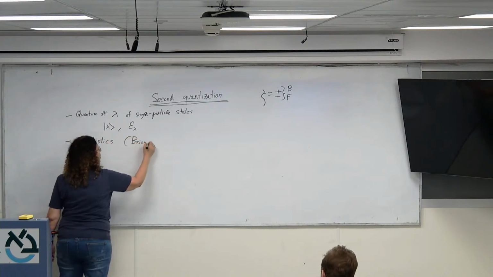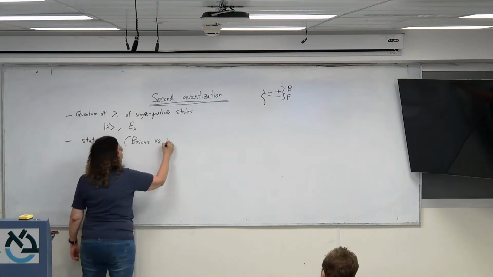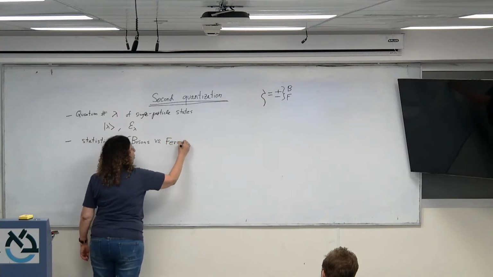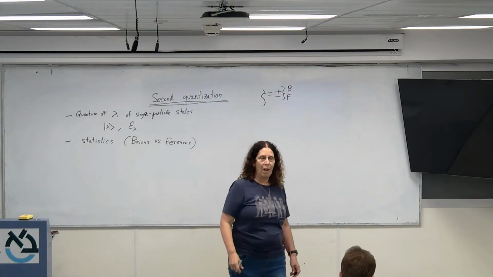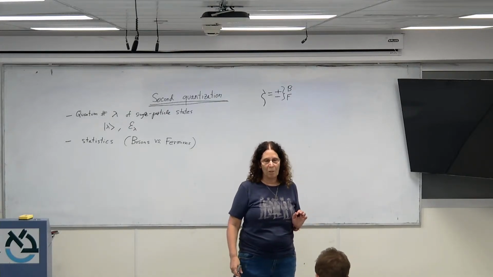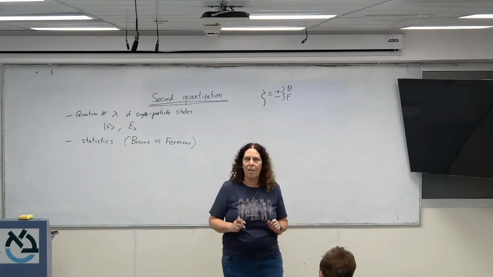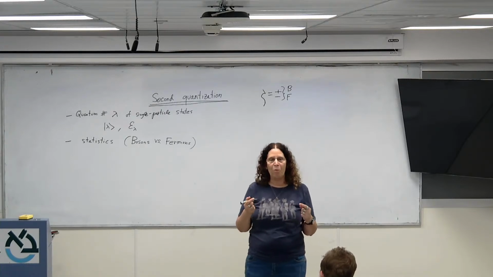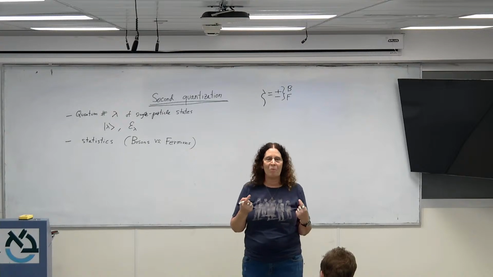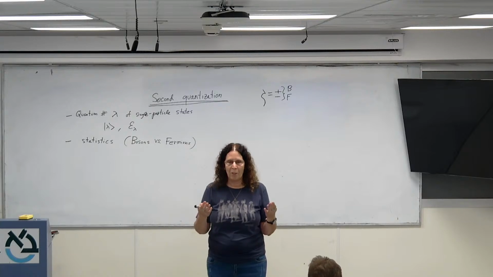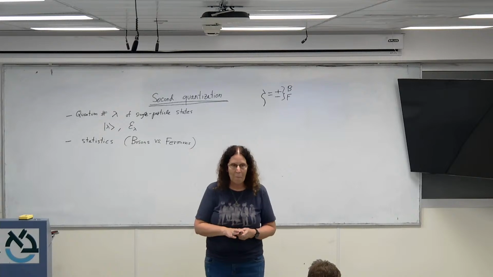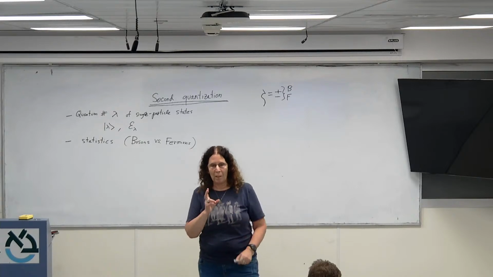Bosons versus fermions. We know that they obey different rules, and the different rules are related to the allowed occupations of a single quantum state. Actually, there are two pieces of information that are related to each other: the form of the wave function that is symmetric versus anti-symmetric under exchange of two particles.